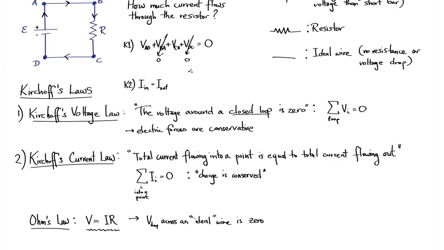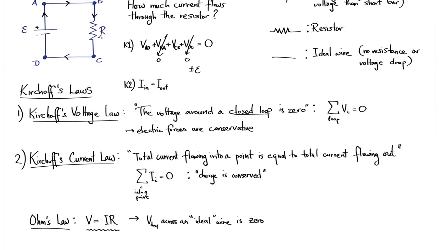So what we're left with when we're trying to solve this particular circuit, right? So we have something here, V from A to D. It's going to be, we don't know, it might be plus or minus. I'll talk a bit more about that in a sec. Plus or minus E, right?